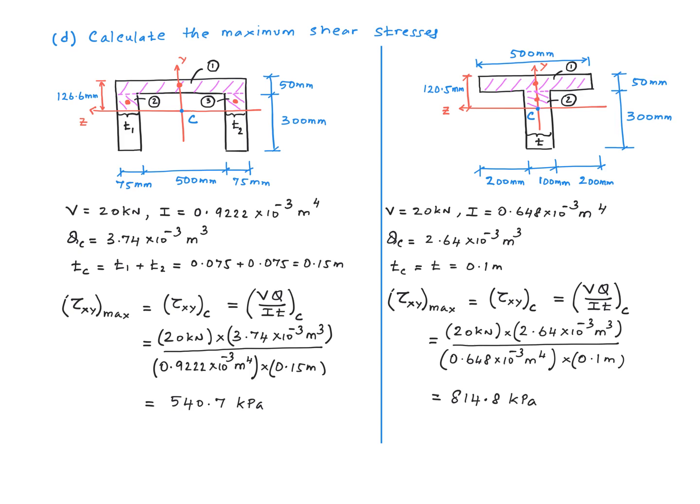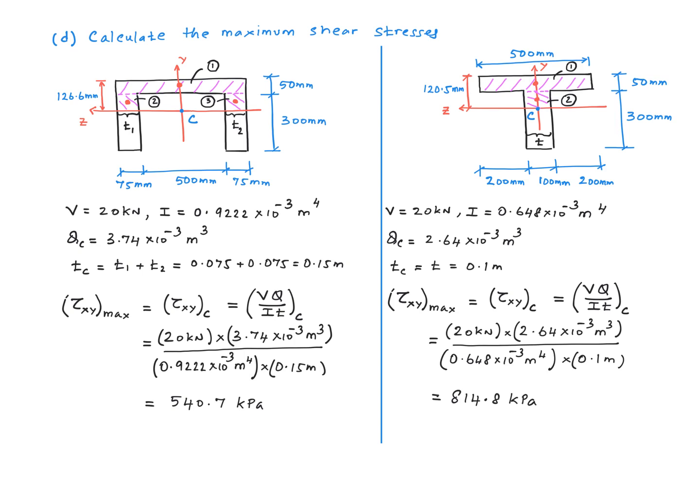Since these are equal to each other, we get 0.15 meter for the little t for this section. And here, of course, it's pretty straightforward. Little t is the width of the beam at this point. So that'll be 100 millimeters or 0.1 meters. That's it. So you got everything we need.